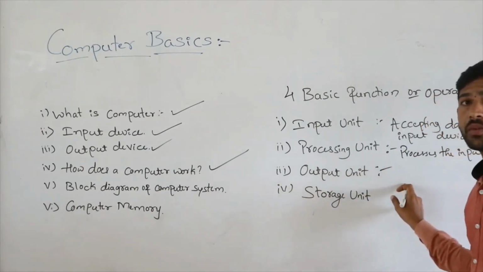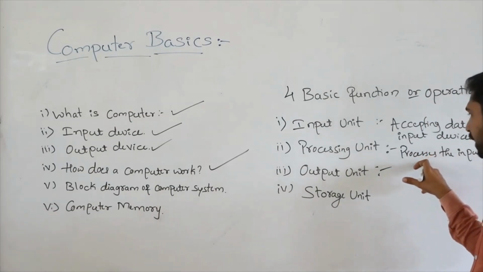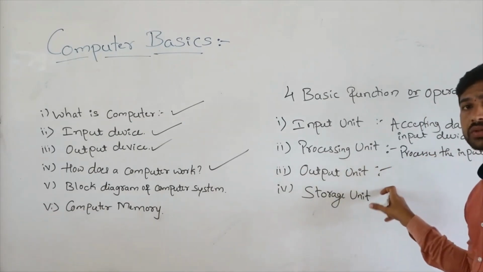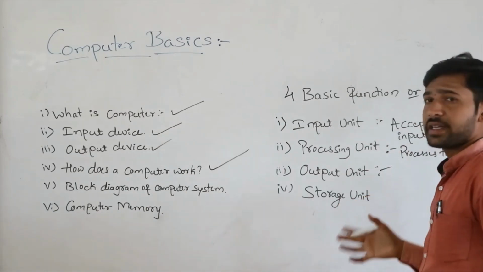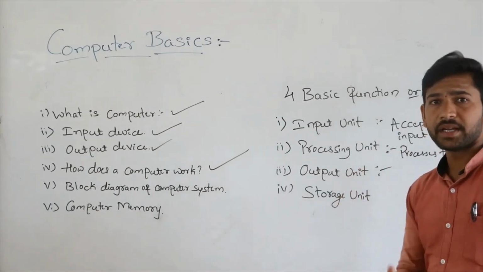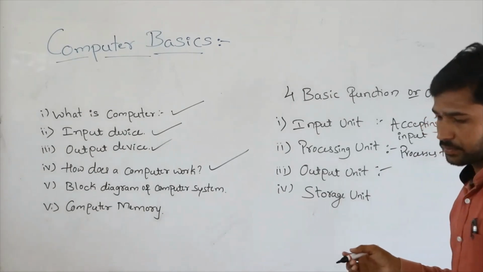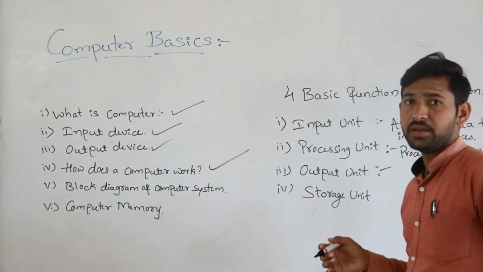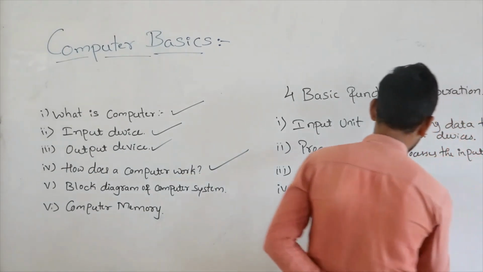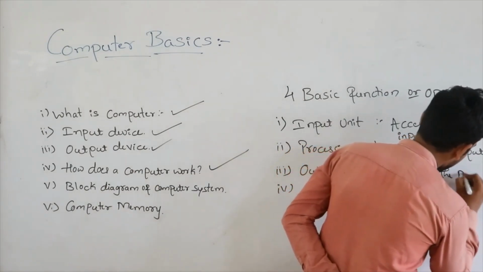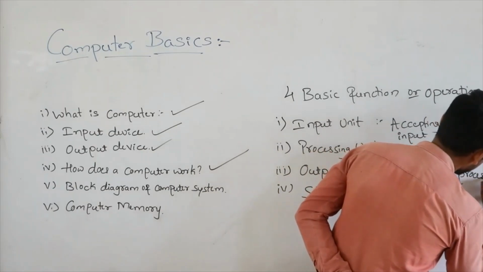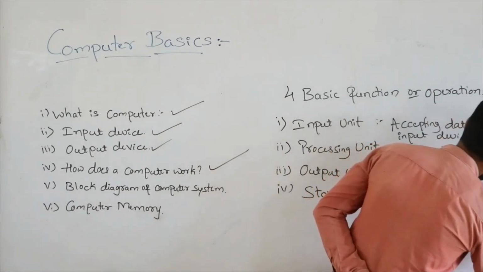After processing the data, the next one is the output unit. Whatever data you processed comes out through the monitor so you can see the result, and you can take a hard copy through the printer also. The output unit produces the processed data.